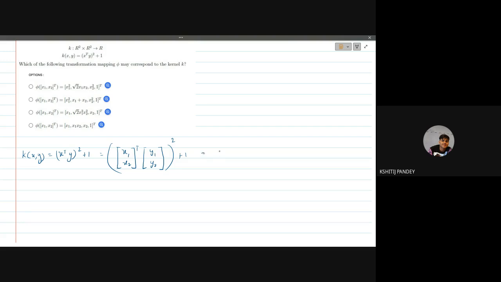Now take the dot product. So this is x1 y1 plus x2 y2, square of this plus 1. Now use the a plus b whole square formula. So this is x1 square y1 square plus x2 square y2 square plus 2 into x1 x2 y1 y2 plus 1.